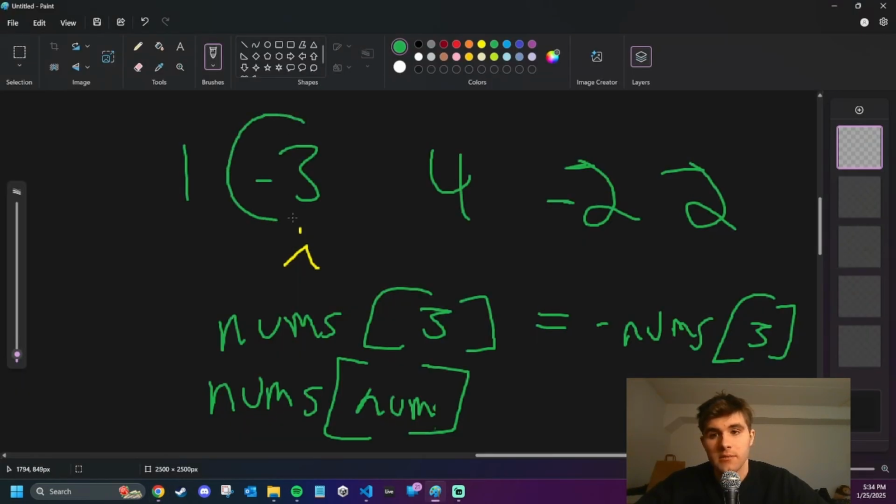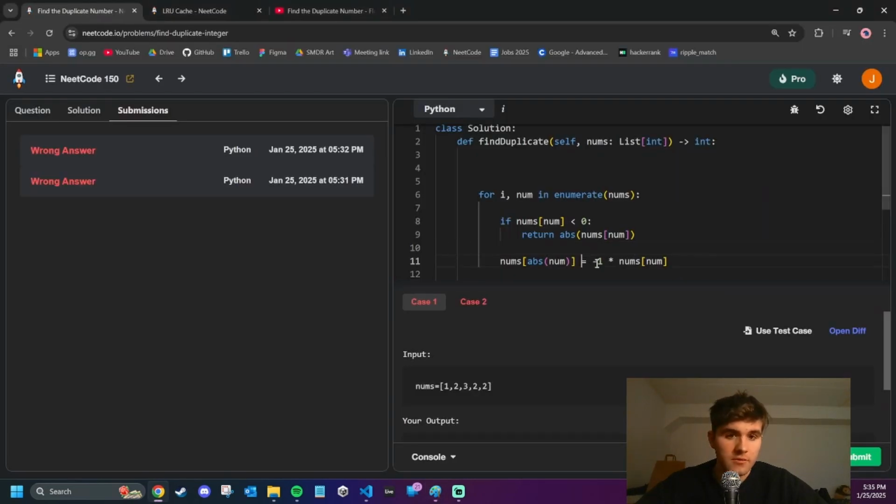Yeah, because we would say nums of 3, 0, 1, 2, 3 is negative. So we want nums of 3 to be equal to itself. So can I just say times equals negative 1?